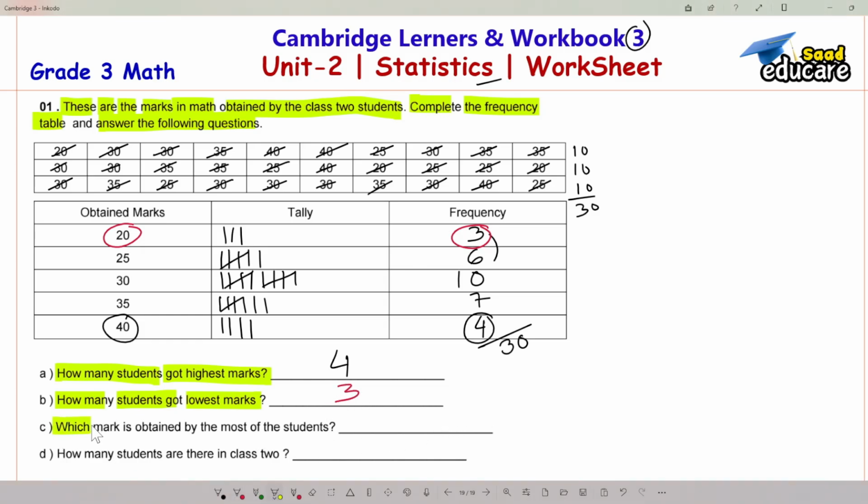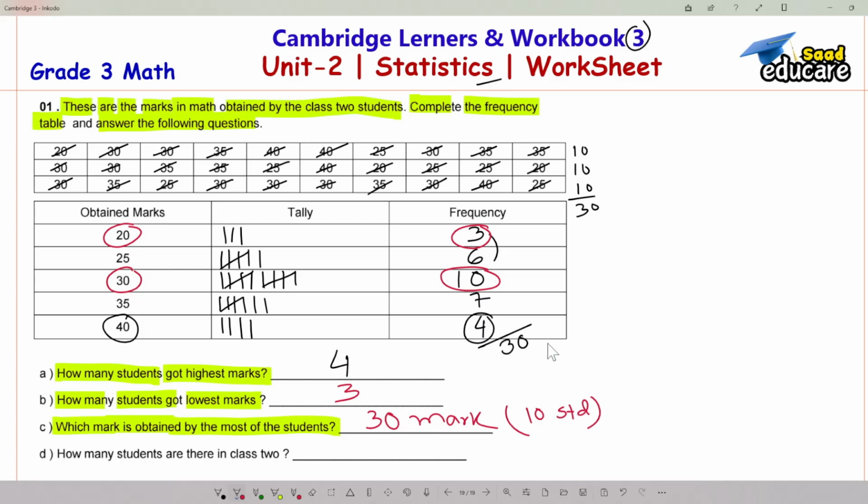Next, which mark is obtained by most of the students? From the frequency table, we can say 10 is the highest frequency and the obtained mark is 30. So 30 mark is obtained by the most students, 10 students.